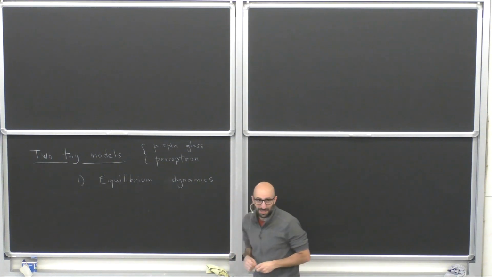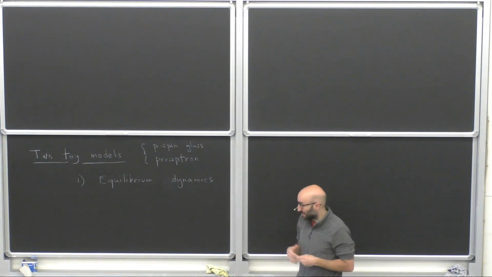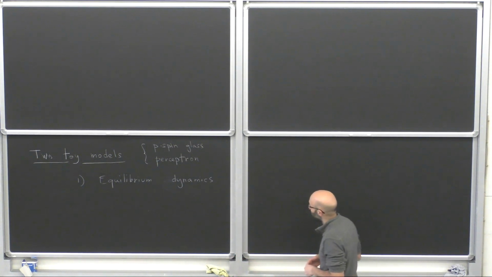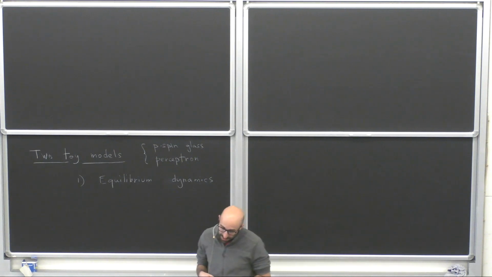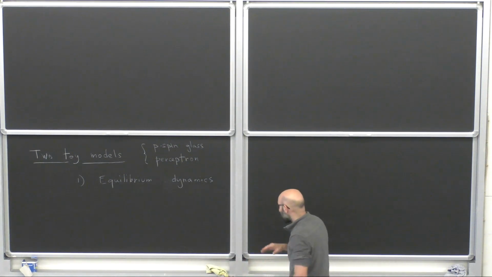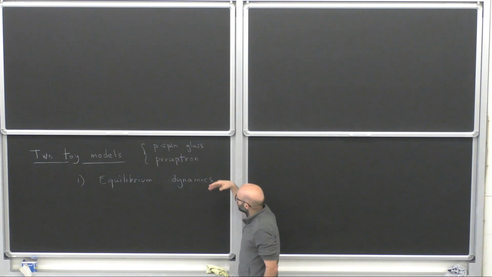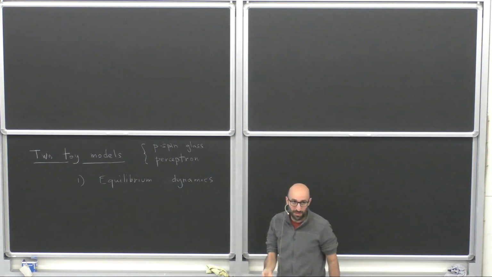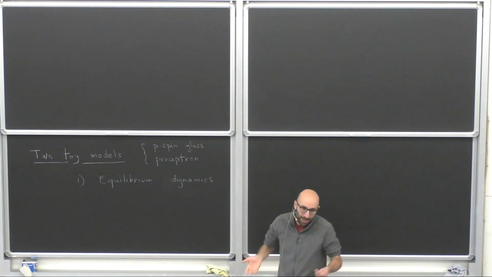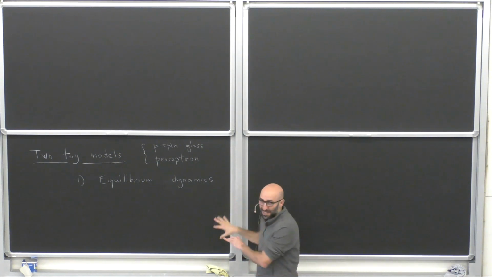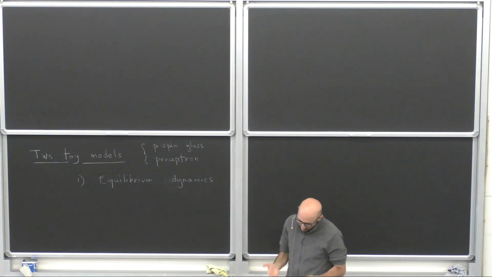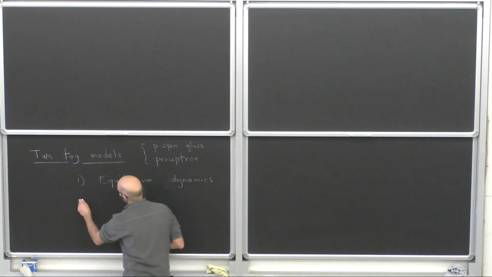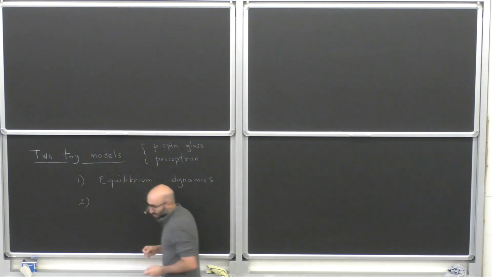So when we start doing statistical physics, the first thing we want to understand is the equilibrium properties of our system. But as we will see, when you look at the equilibrium dynamics at low temperatures in these models, you realize that you cannot equilibrate. So you can define and study the equilibrium dynamics, but you cannot reach equilibrium.